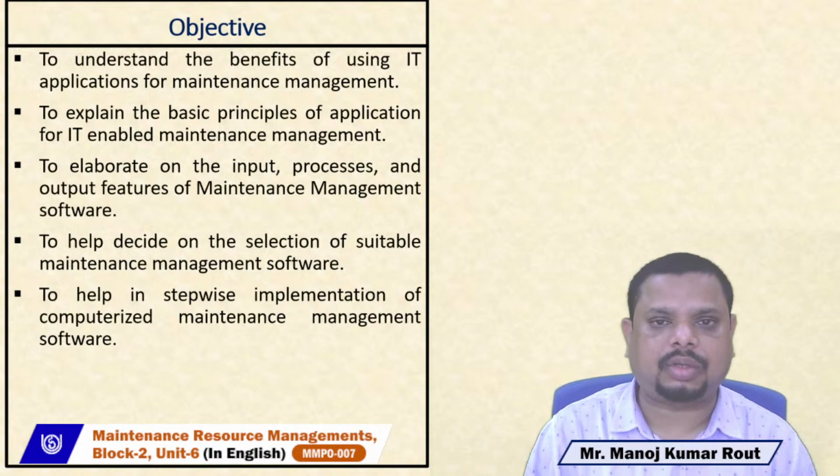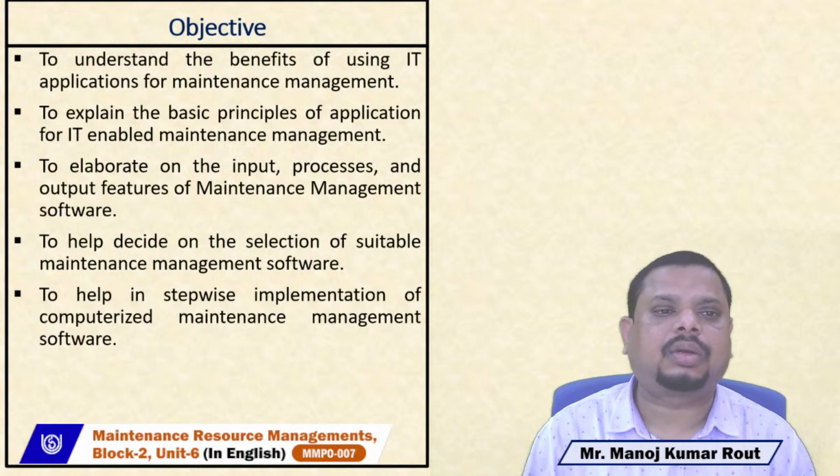So we have to learn a fundamental overview of different maintenance management software. The next is to help decide on the selection of suitable maintenance management software. And the last, to help in stepwise implementation of computerized maintenance management software. So these are the objectives of today's session.